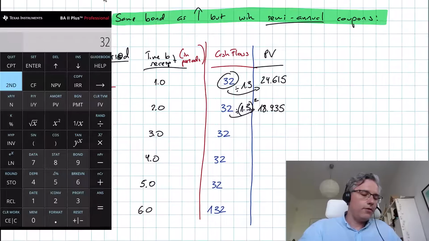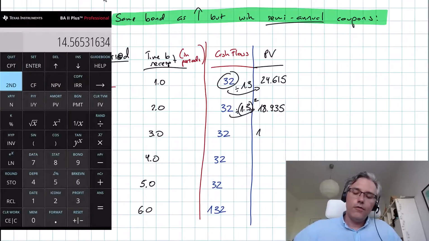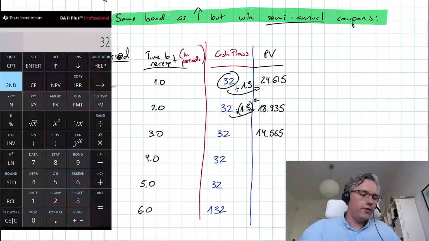Next one, 32 divided by 1.3 to the power of 3, 14.565. Then 32 divided by 1.3 to the power of 4.